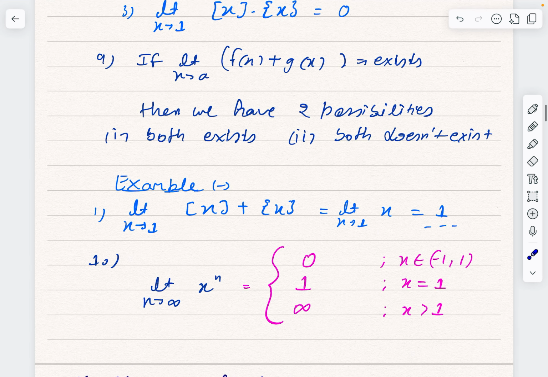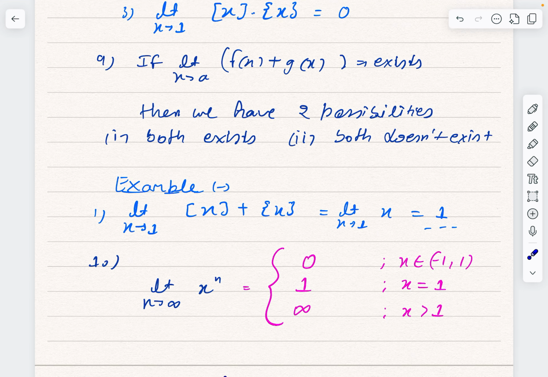The last point, limit n tends to infinity, x power n. If you ever come across a number which is raised to power infinity, there are three possibilities. Remember, if x belongs to -1 to 1, the value will be 0. Why?